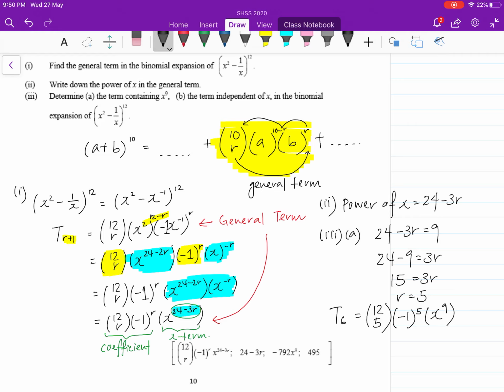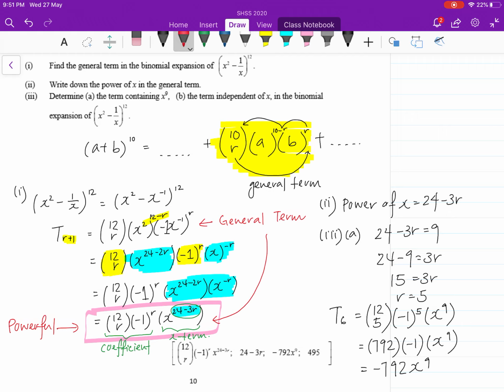So you see how powerful this general term is. This is very powerful. With this, I do not need to work out the entire binomial expansion. If I want x to the power of 9, I just work out what I want. And that's it.